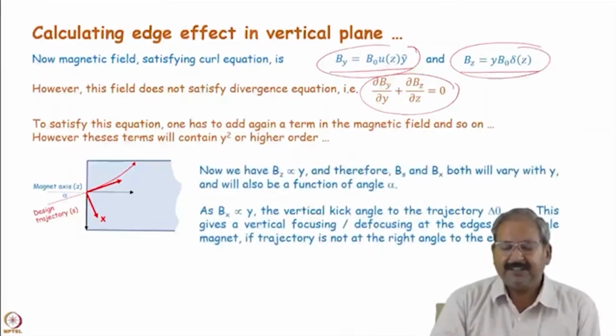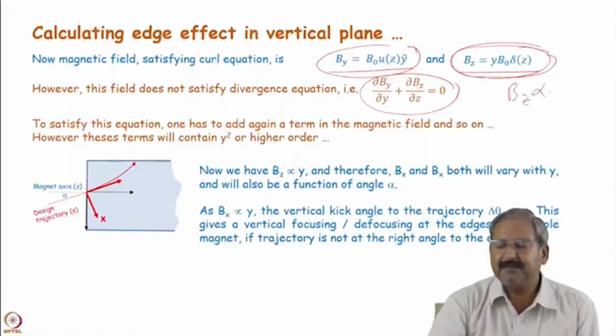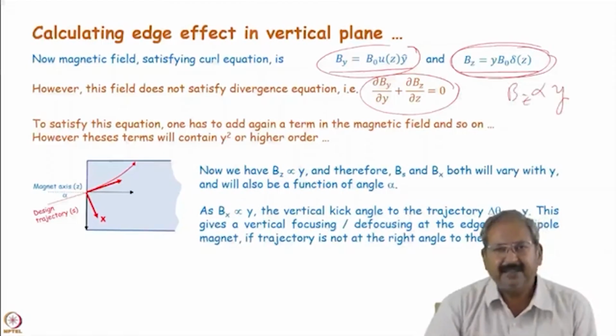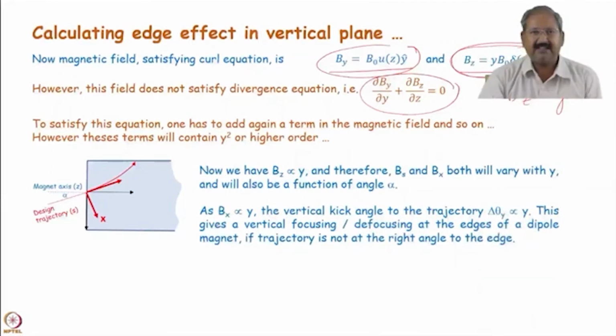In this infinite series, only this term is linear in y. It means this term Bz is directly proportional to y. Other terms will have y square and higher order. Now we are actually restricting ourselves to linear accelerator physics. Linear accelerator physics means we will neglect y square or higher order terms or x square or higher order terms in this course.